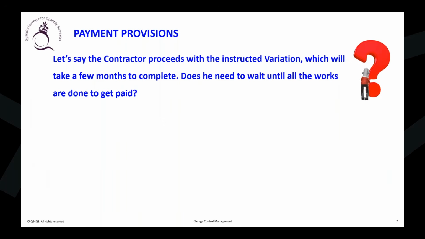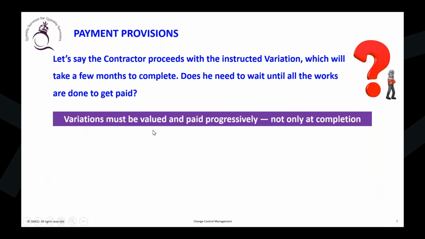Many quantity surveyors don't know about this mechanism, because they think, I have to wait until the work is done, then only I can claim. No, that's wrong. You should understand what a contract says, specifically FIDIC. The variation must be valued and paid progressively. You don't need to wait until the completion of the variation.